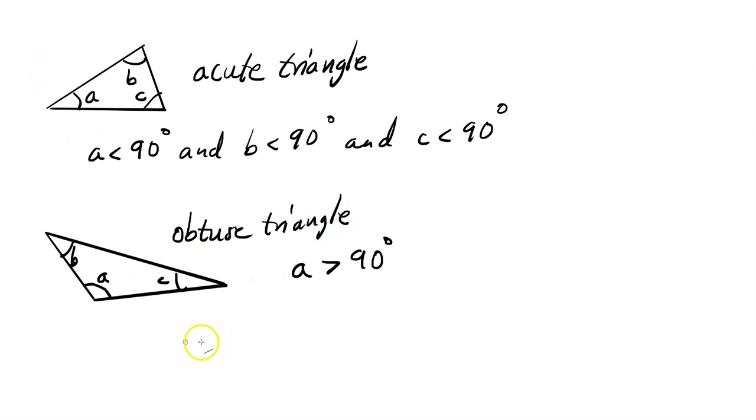And if one of the angles is 90 degrees, then we have a right triangle.